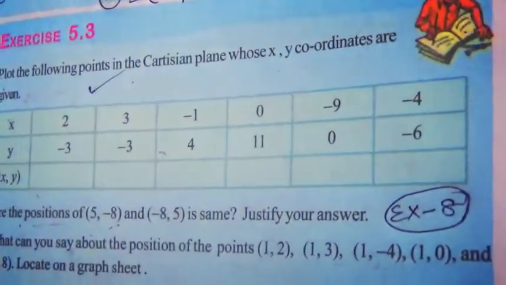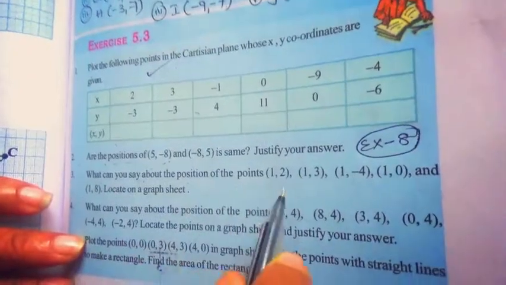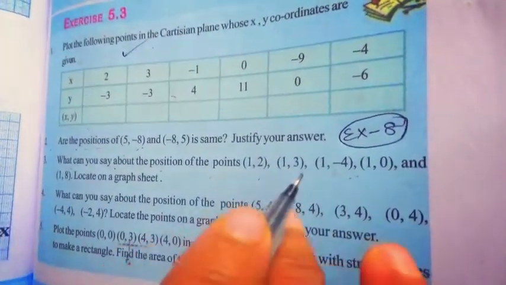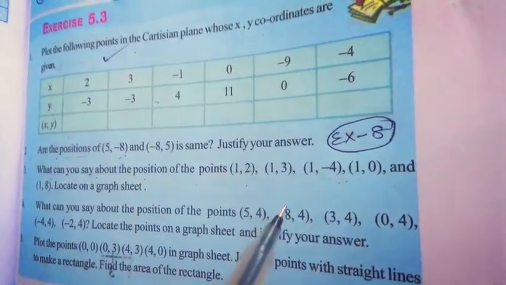Now I will explain this third sum. Okay, what can you say about the position of the points? These points have to be located in a graph first, and then we have to tell the position of these points.